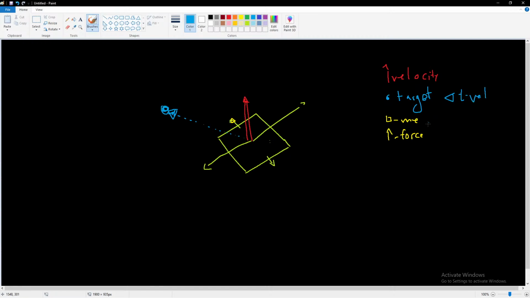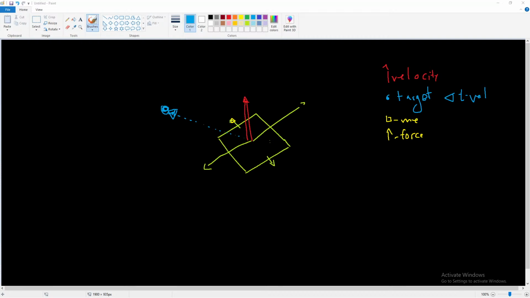All right, so this is the velocity I want to go for.